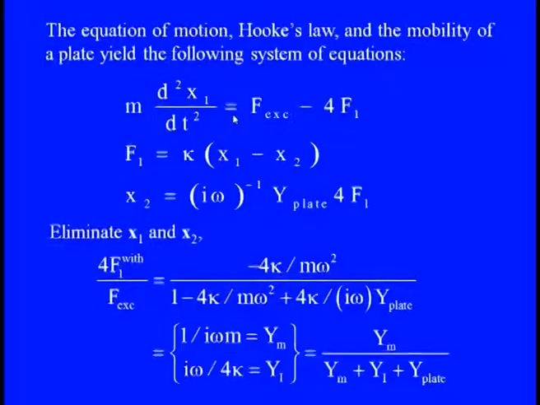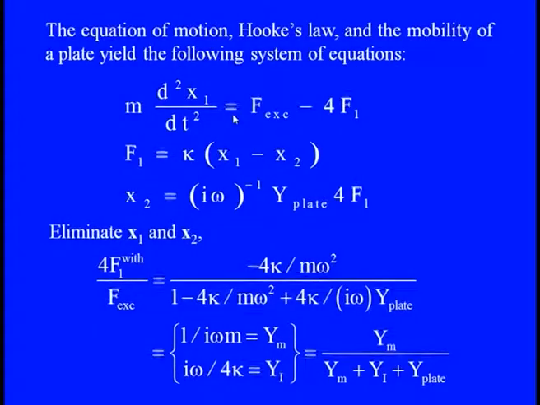This is a very simple thing. When you do not have any isolator between the machine and the foundation, the exciting forces are transmitted straightaway. But if we have the springs, then 4F1 is the force with the isolator. So 4F1 by 4F excitation equals minus 4K over m omega square divided by 1 minus 4K m omega square plus 4K divided by I omega Y plate.